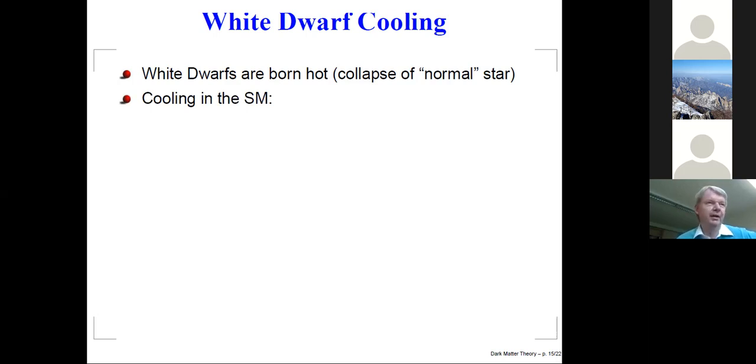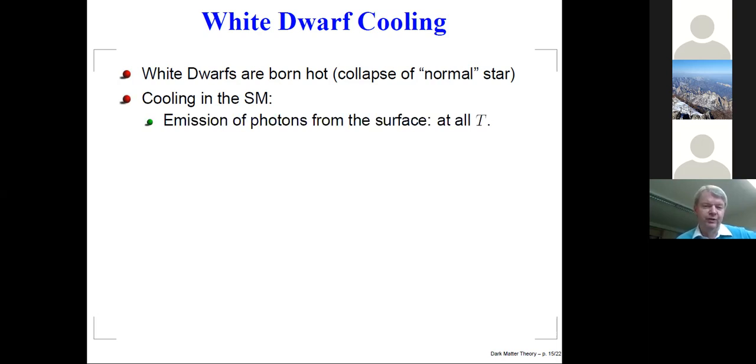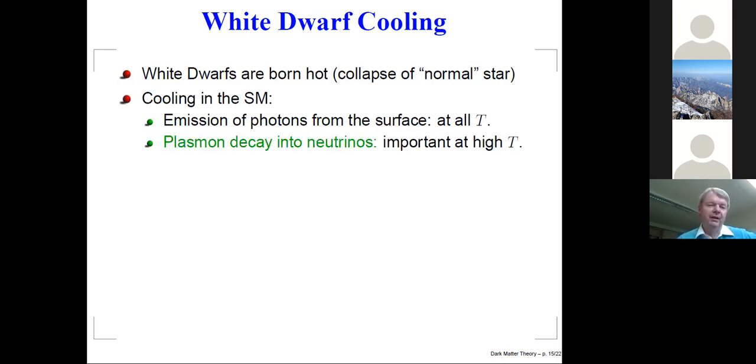And in the standard model, there are 2 cooling mechanisms. One that always works is the emission of photons, which is why we see these white dwarfs after all on the surface. That's relevant at all temperatures. However, at high temperatures, there's another channel which contributes significantly and can even dominate. And that's the plasmon decay into neutrinos. So a plasmon is something like an effective massive photon that you get at high temperature inside the medium.